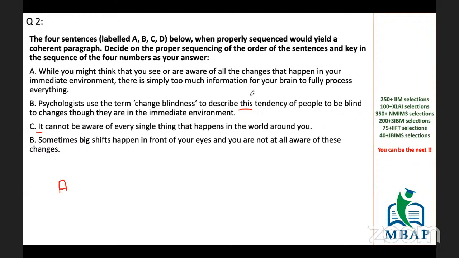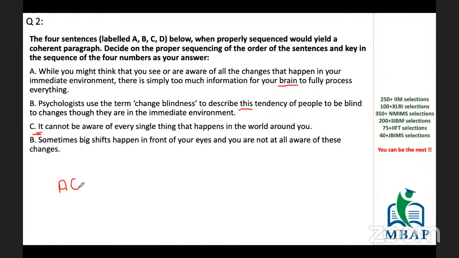B and C can be the further explanation, but C is the continuation of A. That we feel that we are aware, but actually these so many pieces of information are too much for the brain to fully process. So it cannot be aware of everything. What? The brain cannot. So the answer to A becomes clear. So I can easily put C after A.